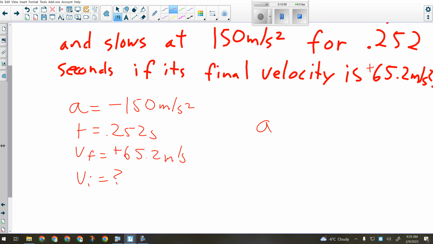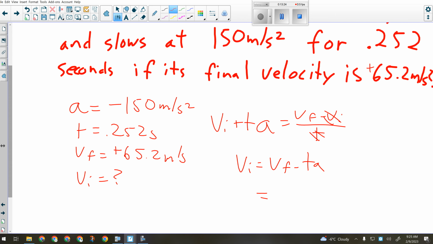Yep, use our good old Science 10 formula. We have change in velocity over time equals acceleration. We know the acceleration, the time, and the final velocity, so we can solve for initial. So I'm going to multiply both sides by t, add Vi to both sides, and then subtract t times a. So I'll be left with Vi equals Vf minus t times a.